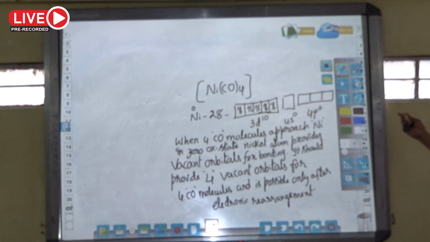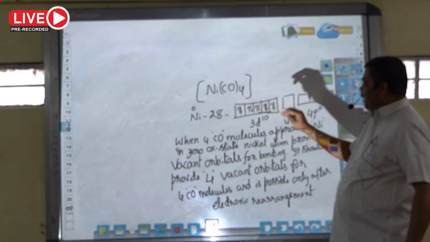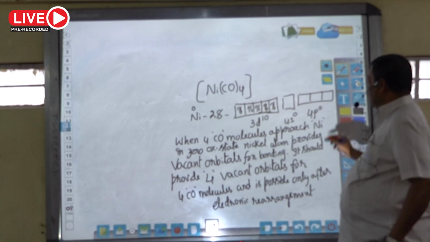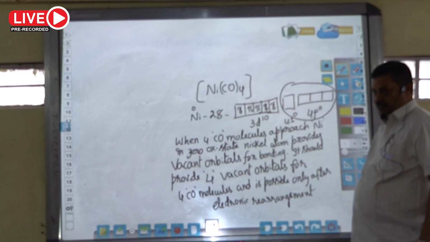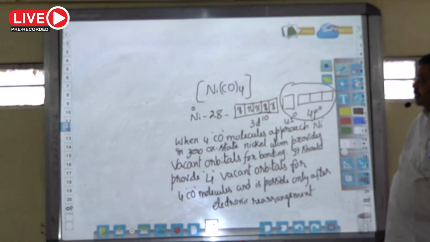When those s electrons go into d and pair here, then nickel can provide 4 vacant orbitals, and these vacant orbitals mix with each other. Mixing is called hybridization.